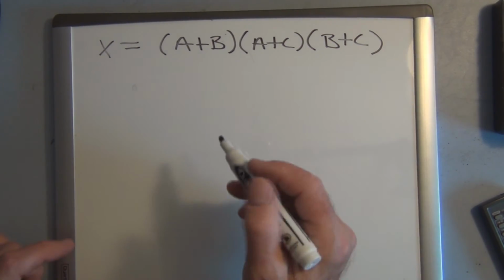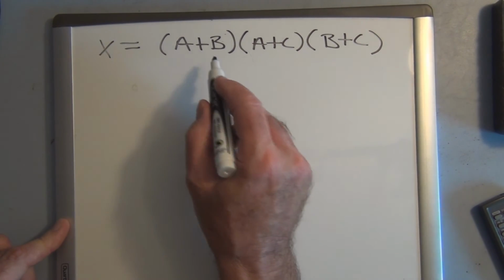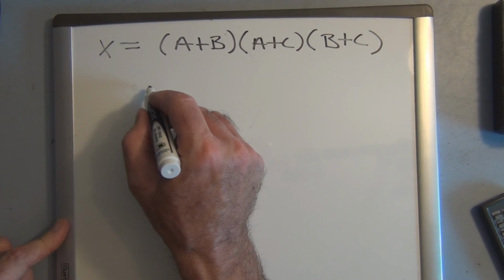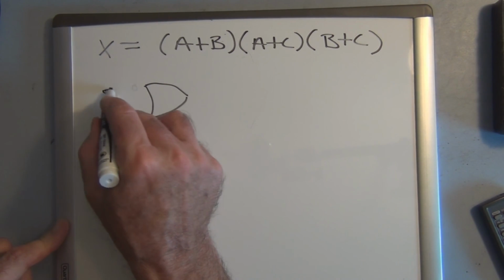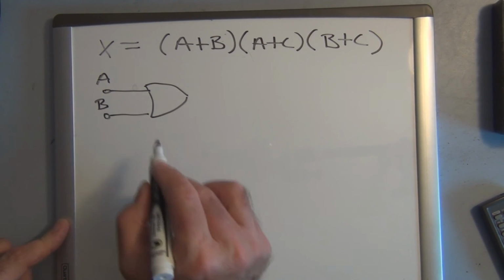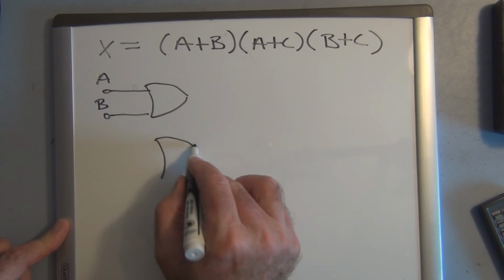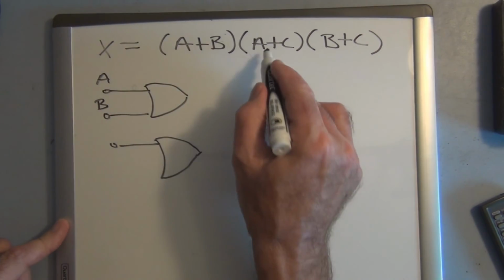So this logic expression converted to a logic circuit will look like this. There'll be 3 OR gates with the appropriate inputs. So in this case we have A and B, and we have another OR gate here. And this is this term here.